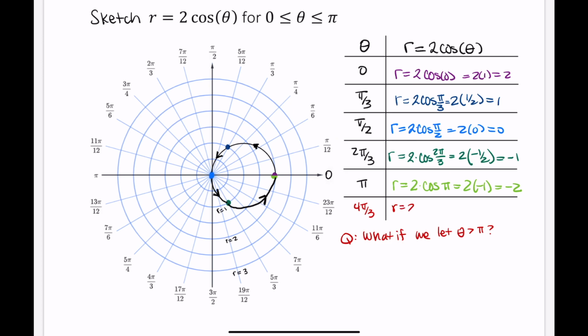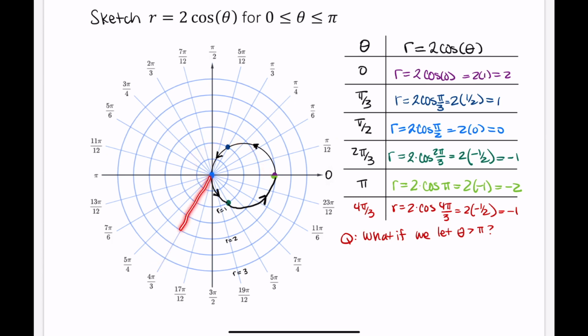So then r is equal to 2 times cosine of 4 pi over 3. So that is 2 times negative 1/2. Again, that's negative 1. So here is 4 pi over 3.